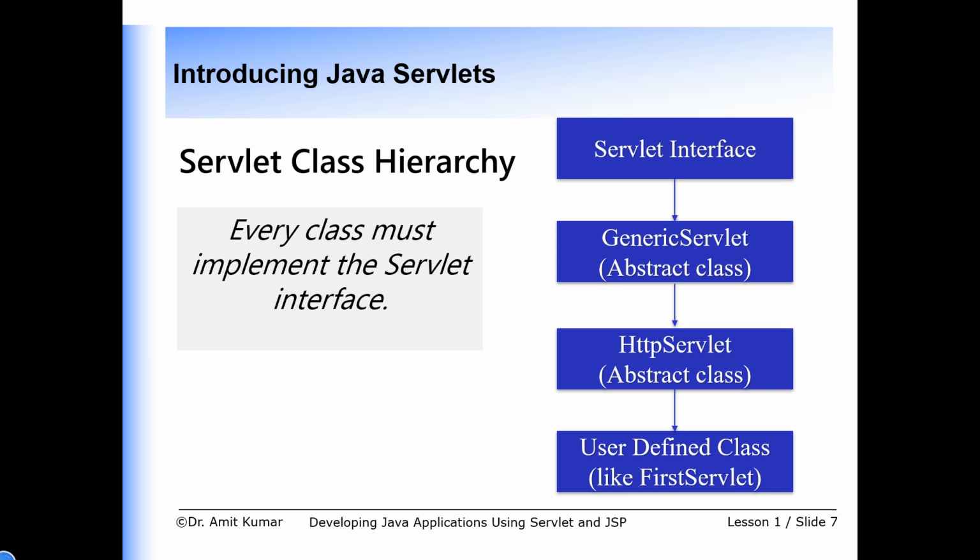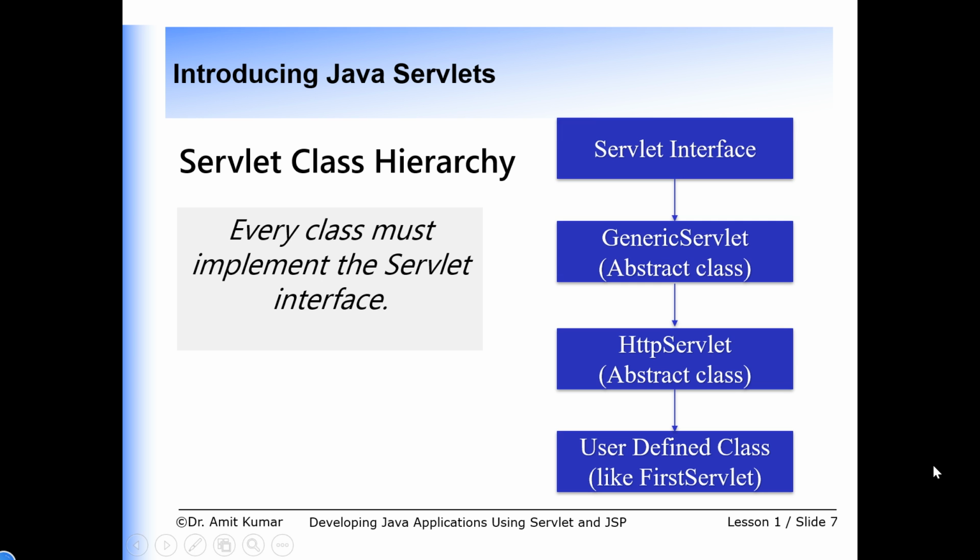Now you can see the servlet class hierarchy. Every class must implement the Servlet interface. On the right hand side, this is the servlet class hierarchy, and at the bottom you can see a user defined class like FirstServlet. The user defined class will be a direct subclass of the HttpServlet class, which you will understand in a later section.